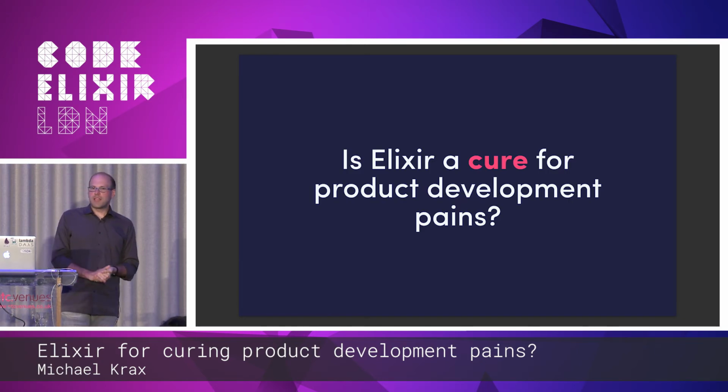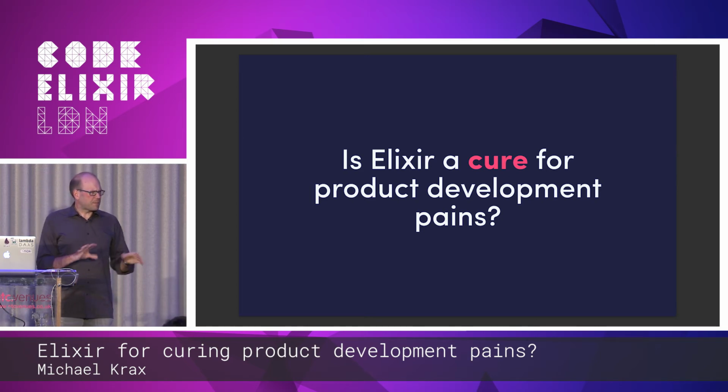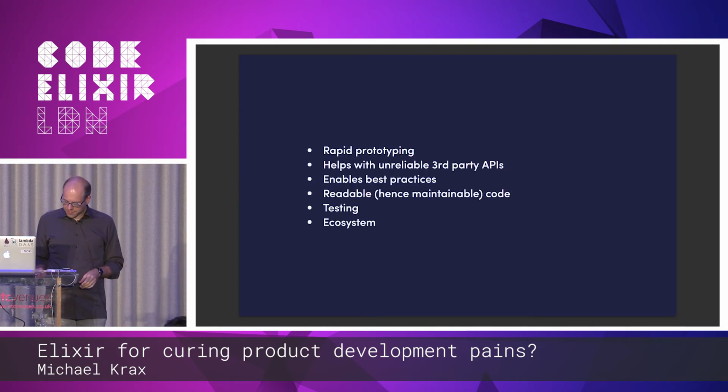Now, let's get back to the initial question. Is Elixir a cure for product development pains? You might guess that my answer is going to be yes in some way. Let's summarize first. Again, we saw the rapid prototyping. We saw that it helped, in our case, with unreliable third-party APIs. It enables best practices.